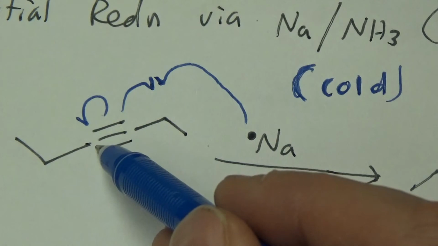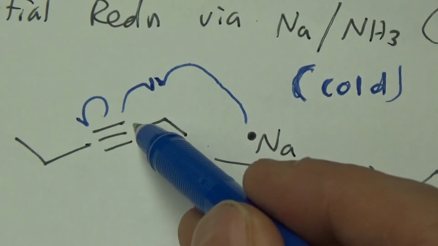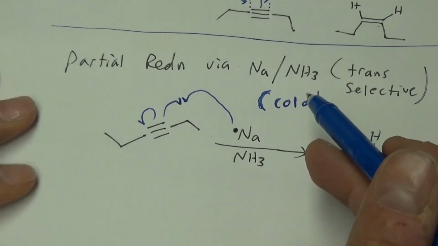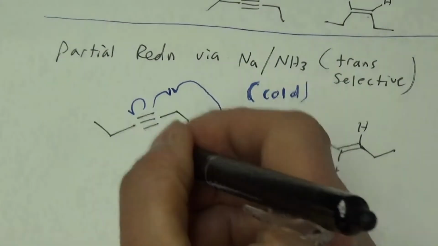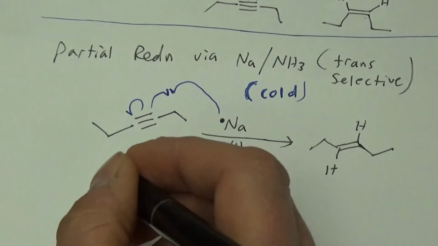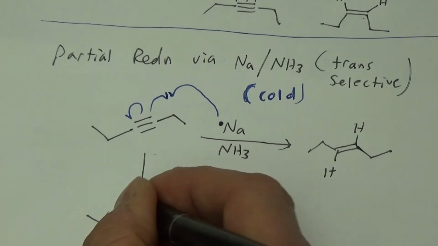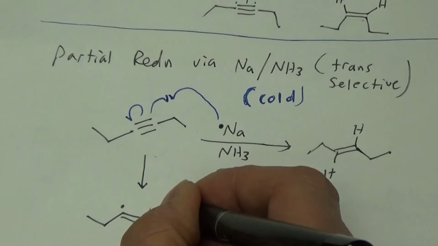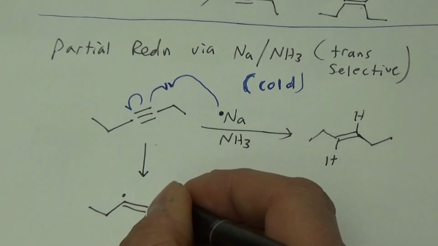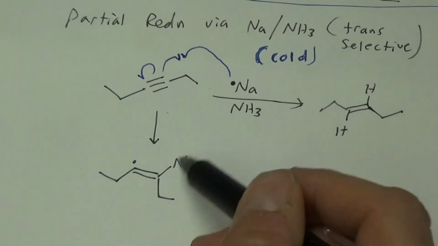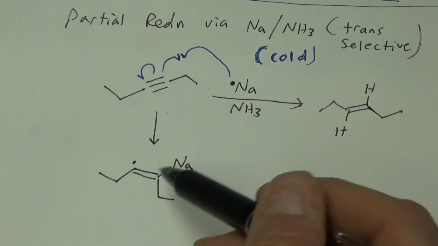So this carbon will have a dot, and this carbon will now be connected to the sodium. So what does that look like? Sodium, ethyl. Sodium attached, and we have an alkenyl carbon radical now.